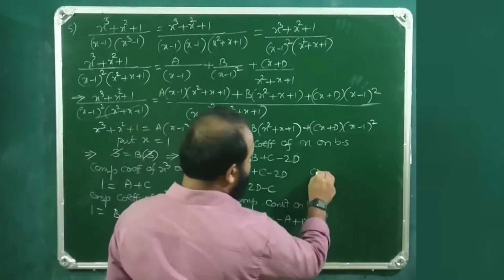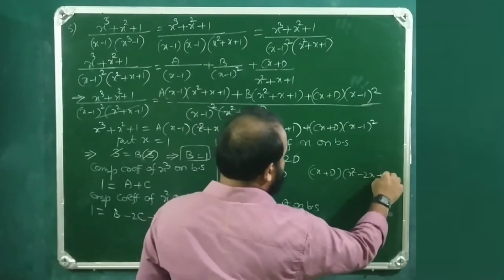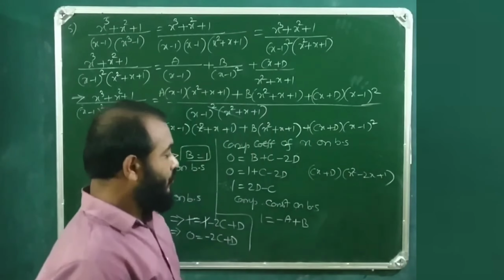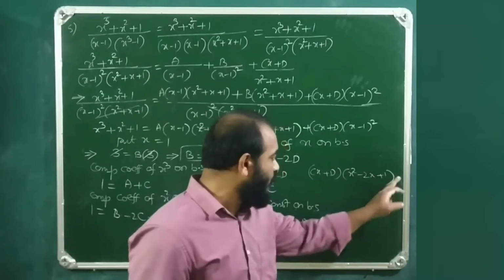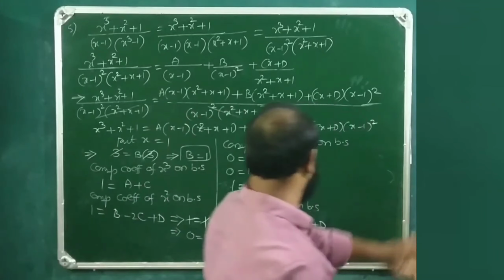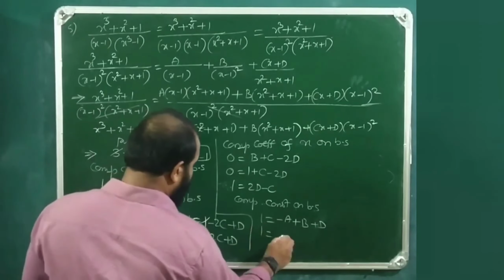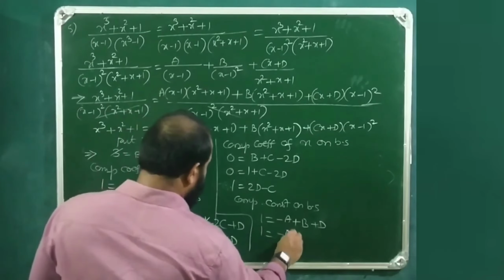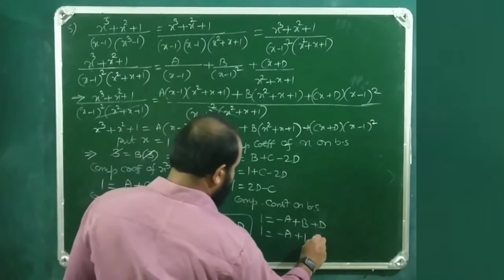So here (cx + d)(x² − 2x + 1). So dx² minus 2dx, d into 1 is d. Now 1 equals minus a plus b, value is 1, plus d.